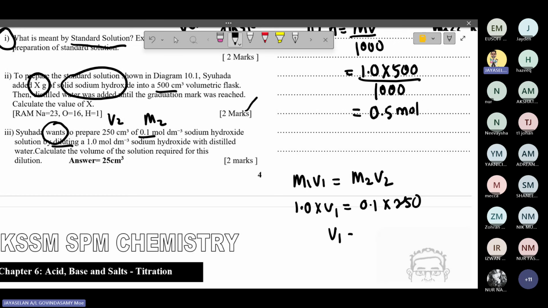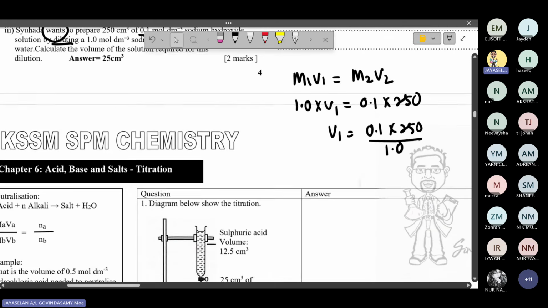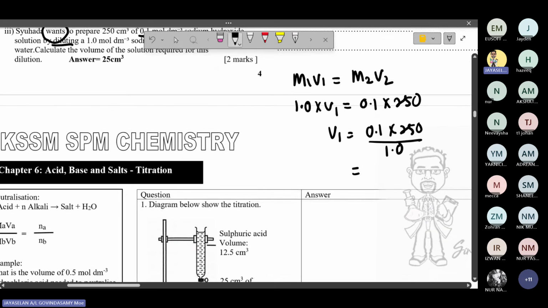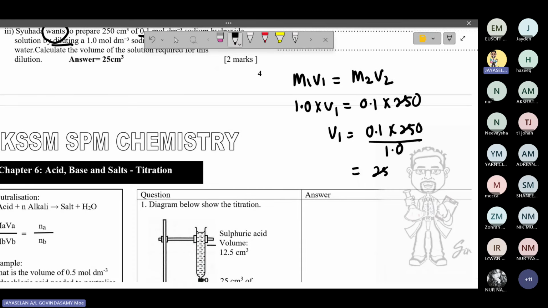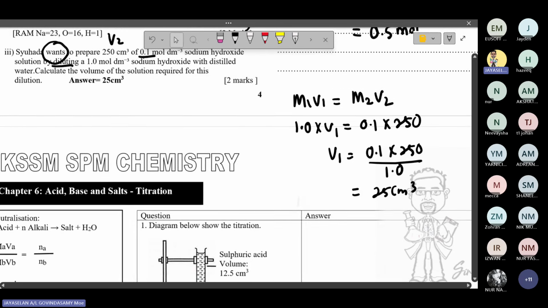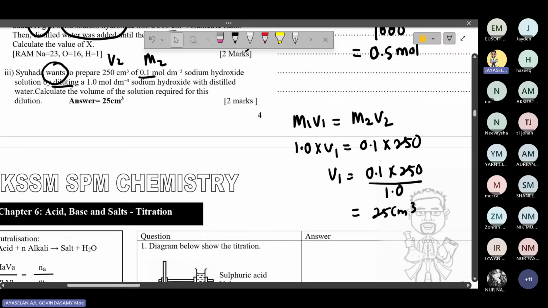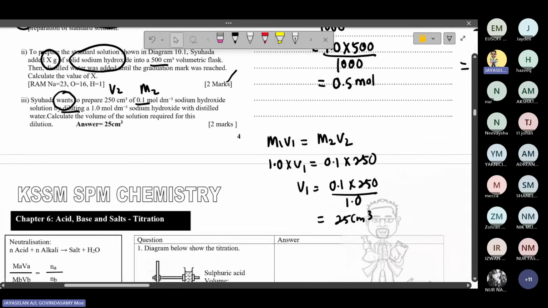Find V1, that's all. V1 is 0.1 times 250 divided by 1.0. Use the calculator, it should be 25 cm³. So here also 2 marks. Dilution cannot be wrong. We have done a lot of practice, so make sure you don't get it wrong.